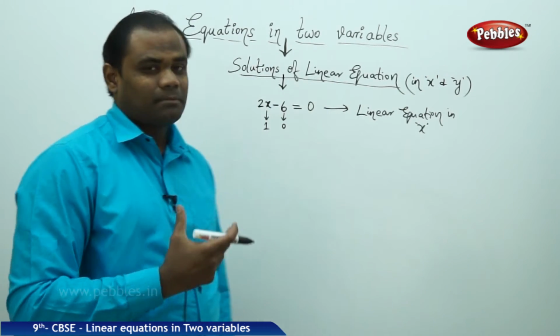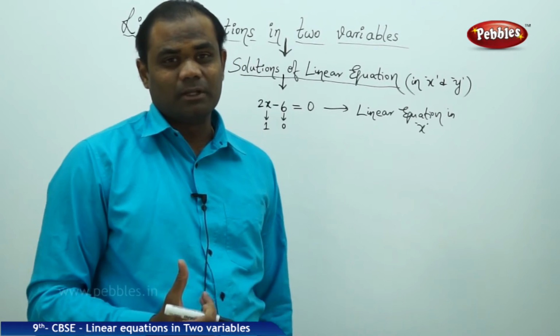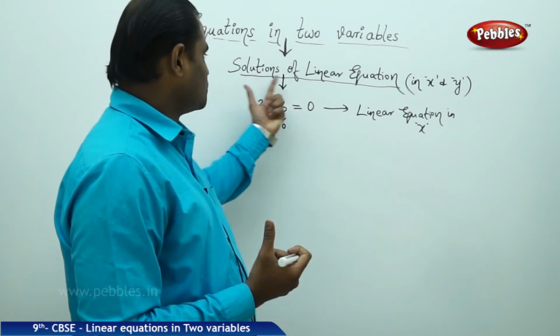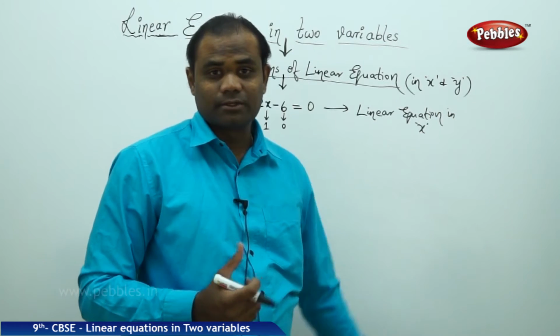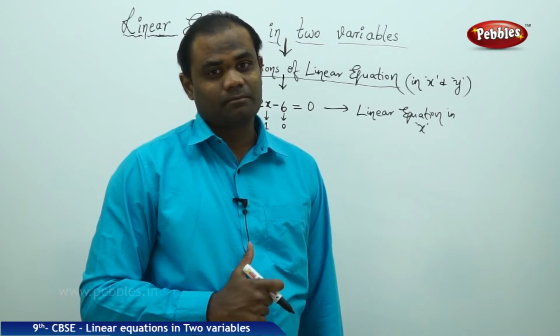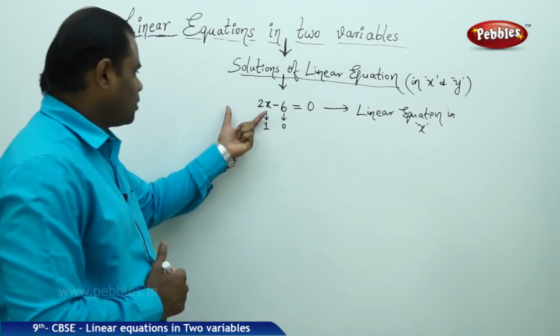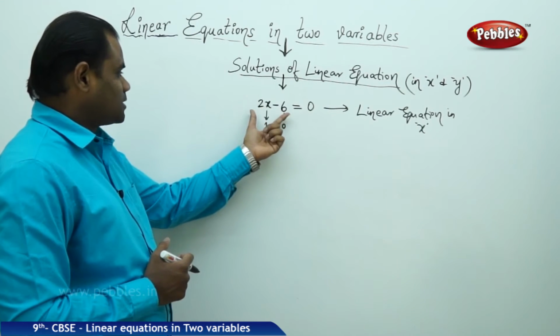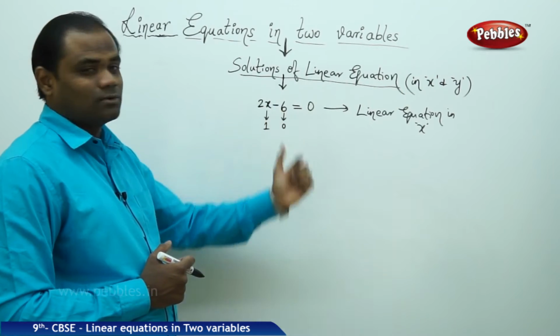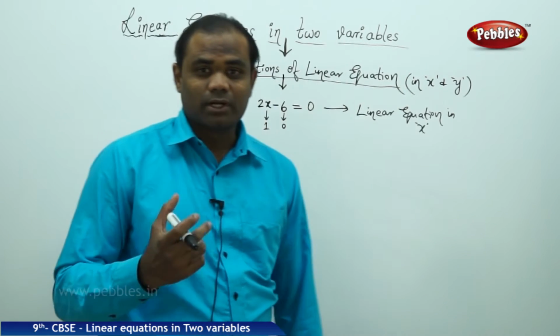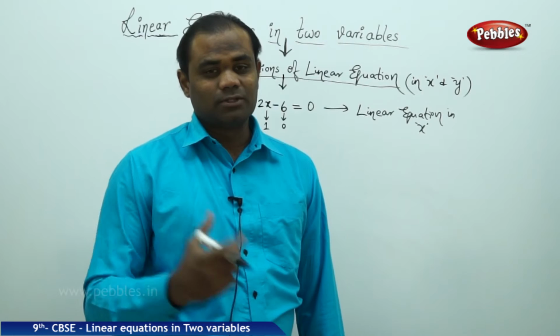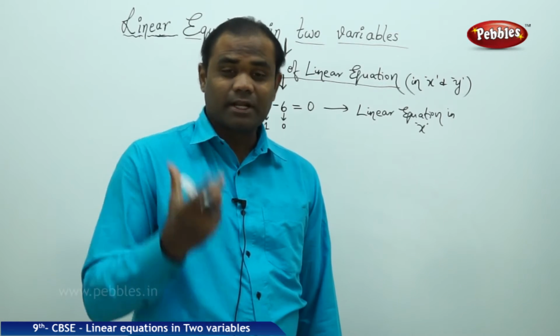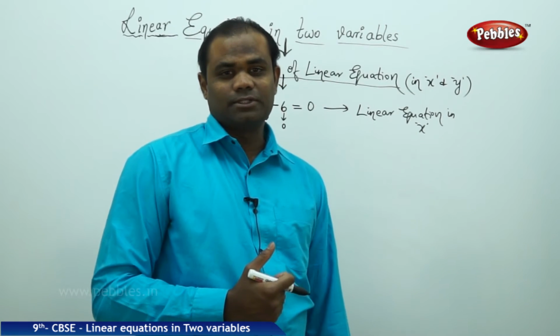So let's recap with the linear equation in one variable and then try to understand the solutions of a linear equation with two variables x and y. With the example problem which involves a linear equation in x, say for example 2x minus 6 equal to 0, let's see what are its solutions and how these solutions help us in understanding the solutions of the linear equation in two variables.